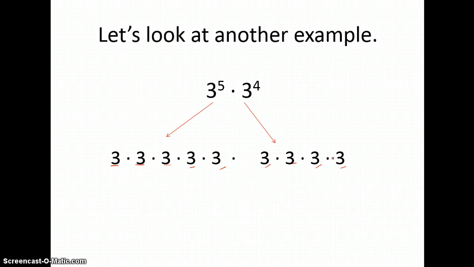And so my answer would be 3 to the ninth power. So 3 to the fifth times 3 to the fourth is actually 3 to the ninth. Think about this. What happens to my exponents when I multiply these monomials, and what happens to the base?